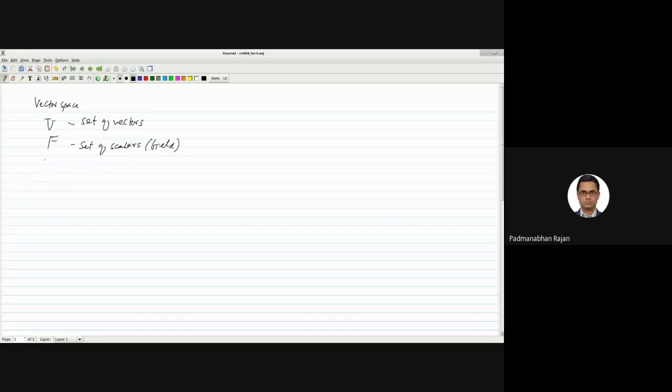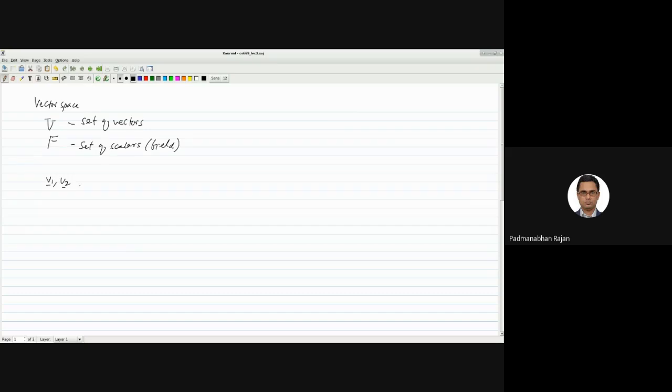Okay. So there are certain properties which a vector space must satisfy. Let's say, for example, you take two vectors, V1 and V2, which are there in the set of vectors.